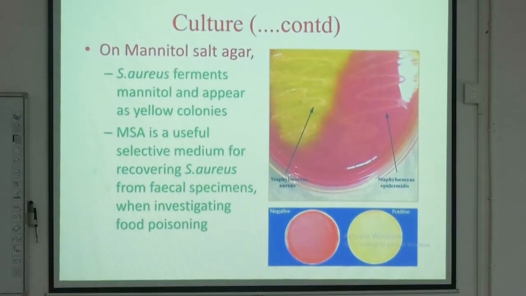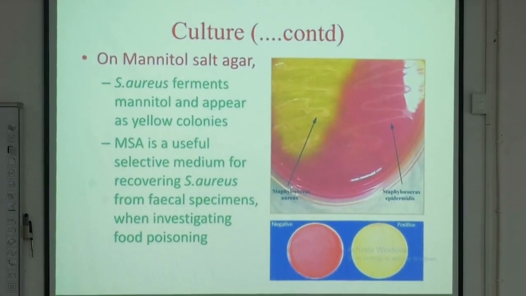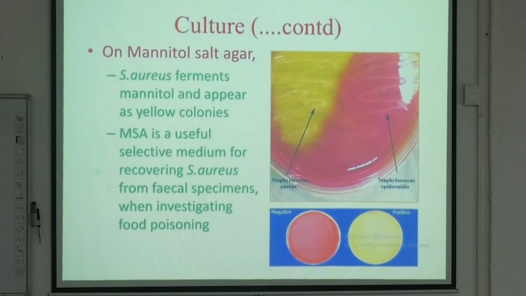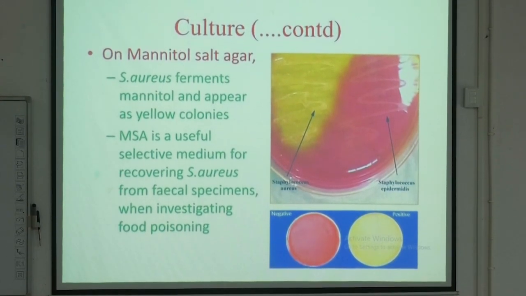They will give you a McConkey plate and tell you to describe the colony features of this bacteria. Now this is a selective media for Staph aureus, mannitol salt agar. What can we differentiate with mannitol salt agar? It differentiates between Staphylococcus aureus and Staph epidermidis, that is, CONS.